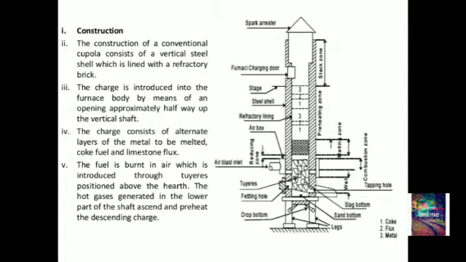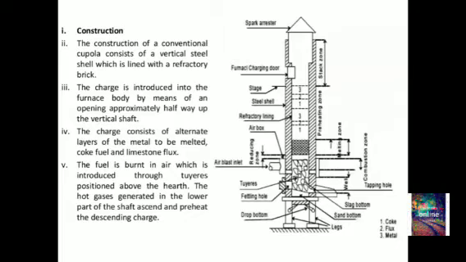After burning all these three things, from the charging door, we are pouring not only pig iron. Here you can observe on screen, 1, 2, 3. The first one is pig iron, the second is coke, and the third is limestone.